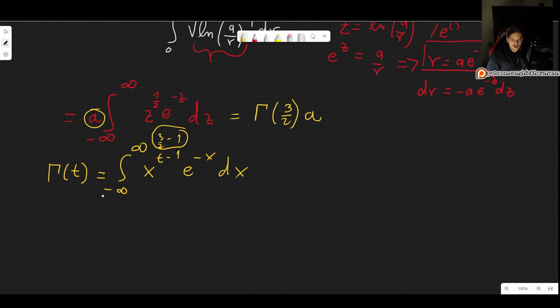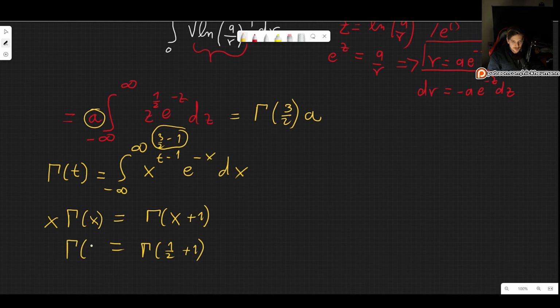Well, the gamma function has quite a few properties that we can use. So first of all, x times the gamma function of x is the gamma function of x plus 1. So if we have the gamma function of 3/2, we can write it as the gamma function of 1/2 plus 1, and thus x would be 1/2. So that means it is the exact same as the gamma function of 1/2 times 1/2.